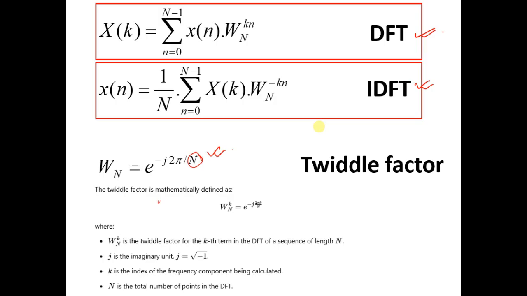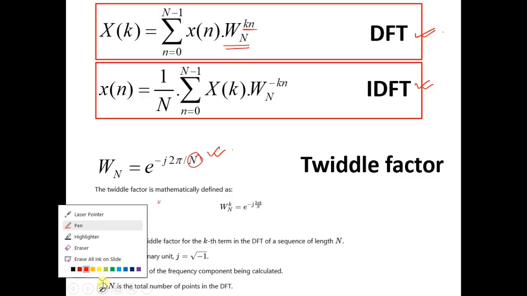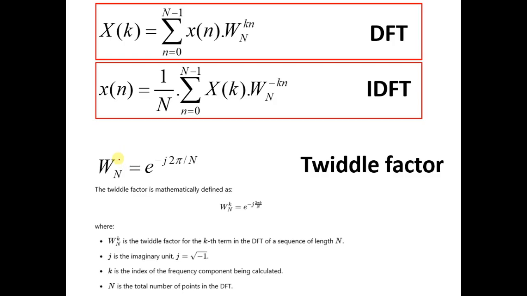Now over here you see that we have W to the power kn, and in the subscript we are having N. So what does this mean? This means that suppose we are having nk like this, so we'll be having this multiplied by nk.